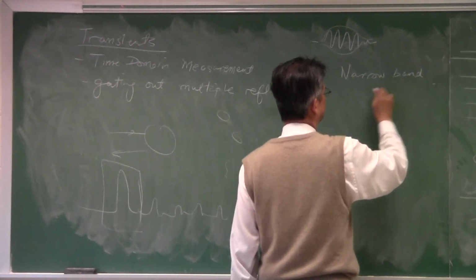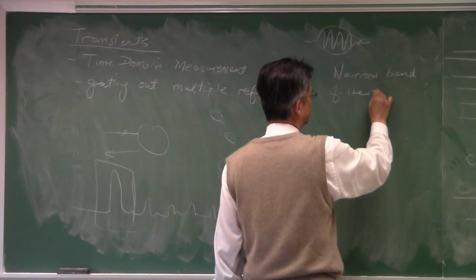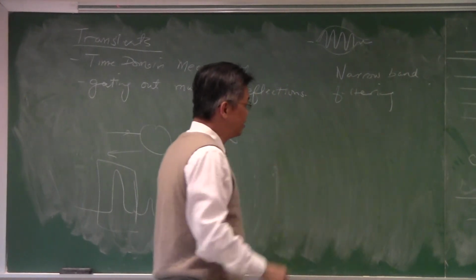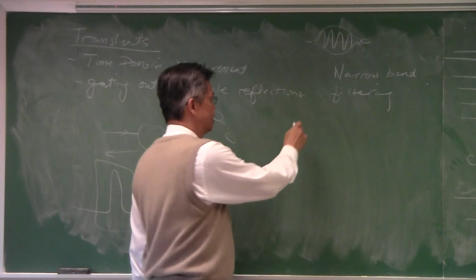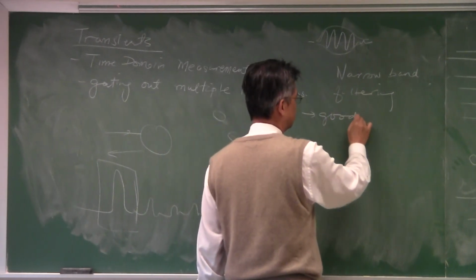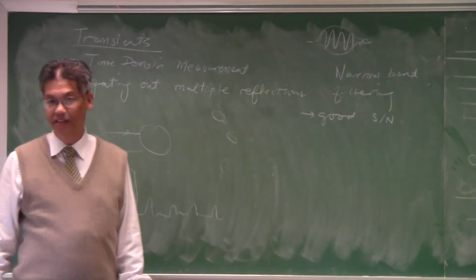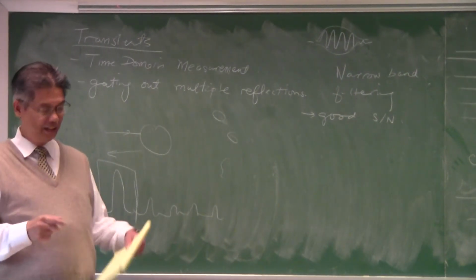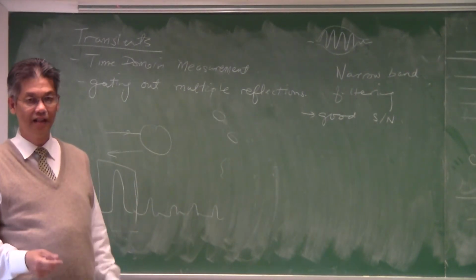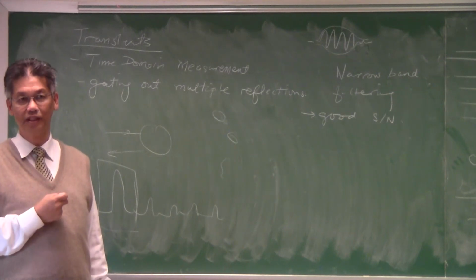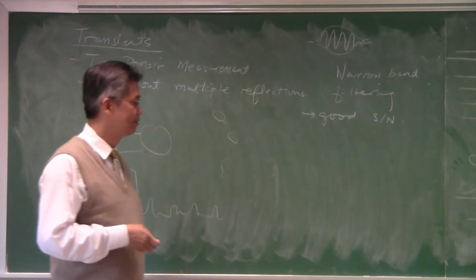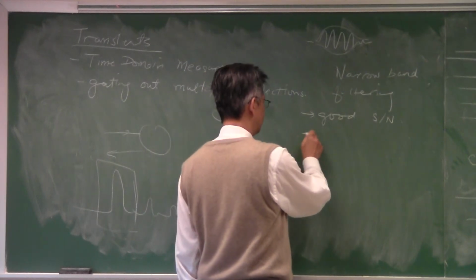I think that's a very important concept. Narrowband filtering gives you good signal to noise. Why is that so? Because you know that any electronic system produces noise. And that noise is thermal noise.